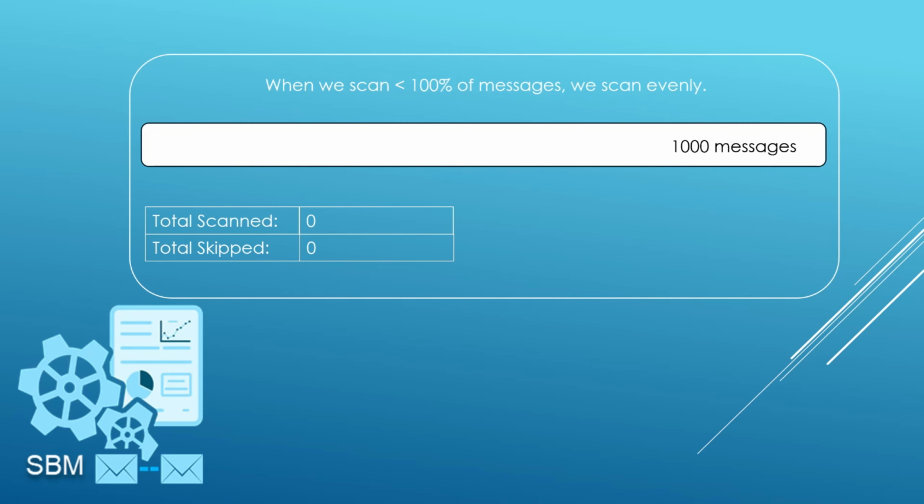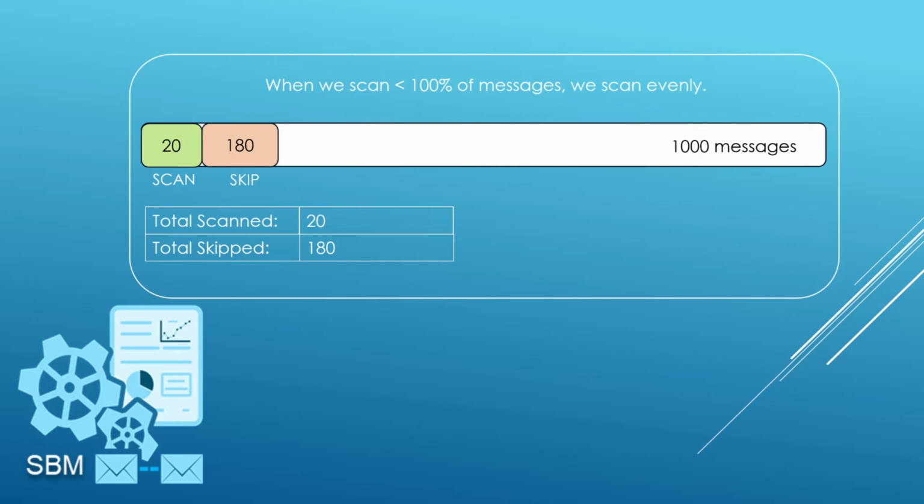It is worth mentioning that when we scan less than 100% of a queue, we chunk our scan and jump by sequence number to evenly scan the entire queue, while approximately scanning the configured percentage of messages. So for example, if we were asked to scan 10% of a queue which had 1,000 messages, the solution would scan approximately 20 messages at the start.